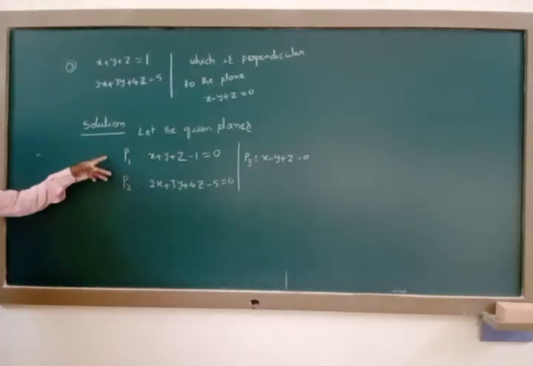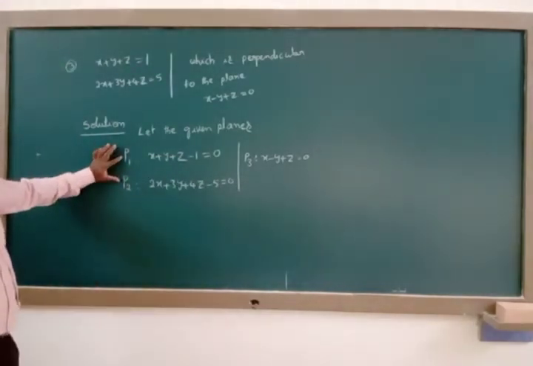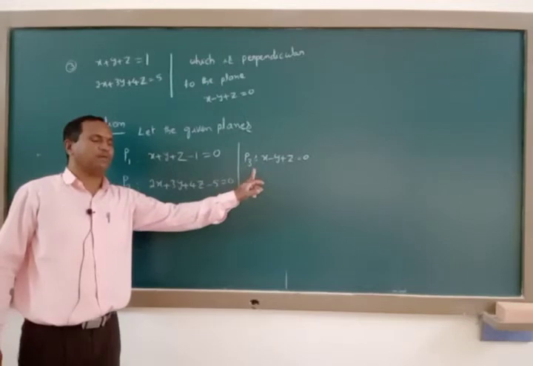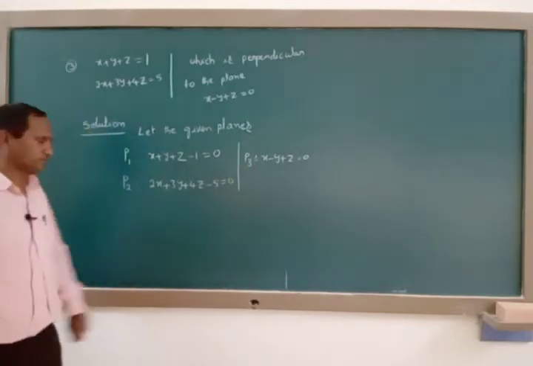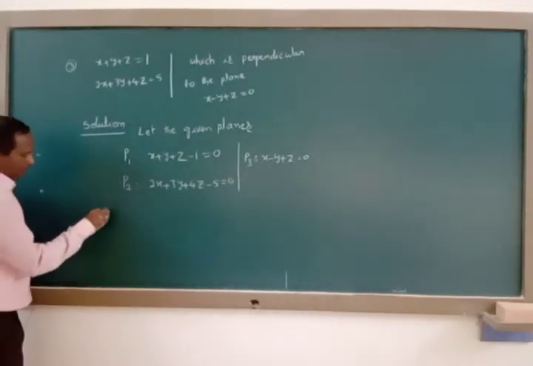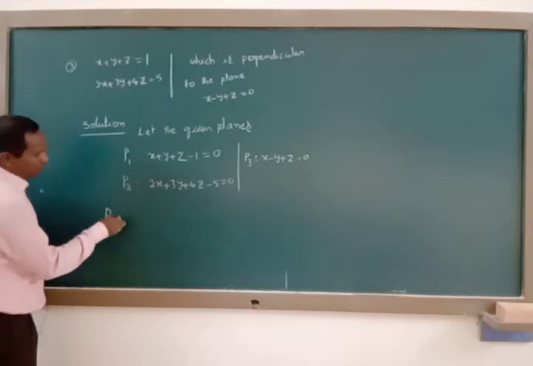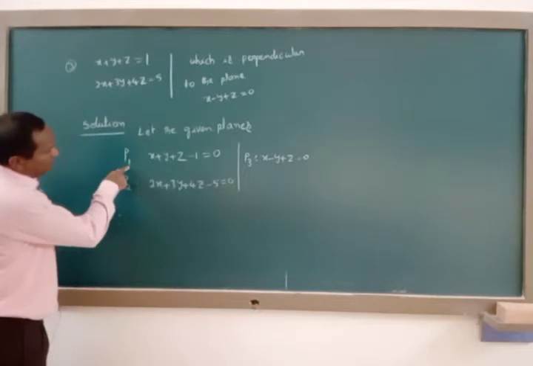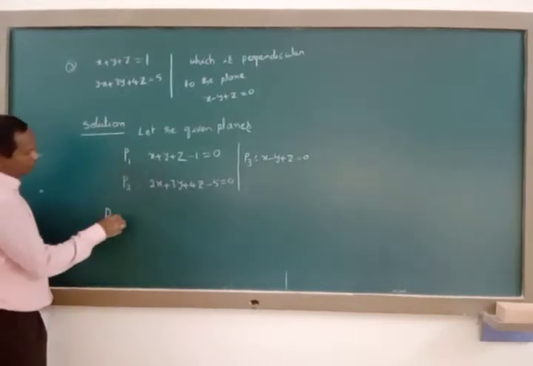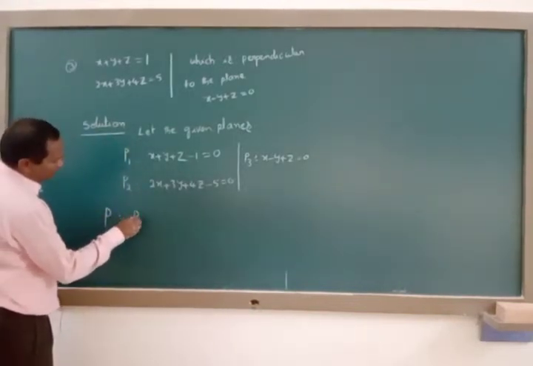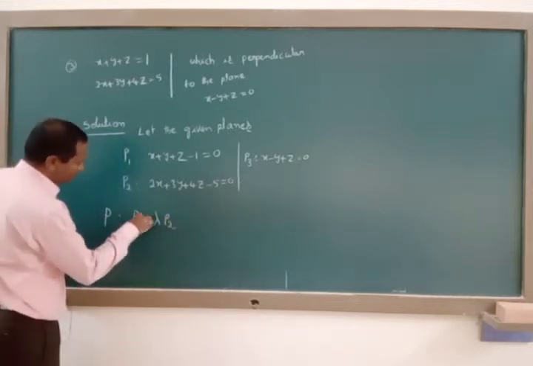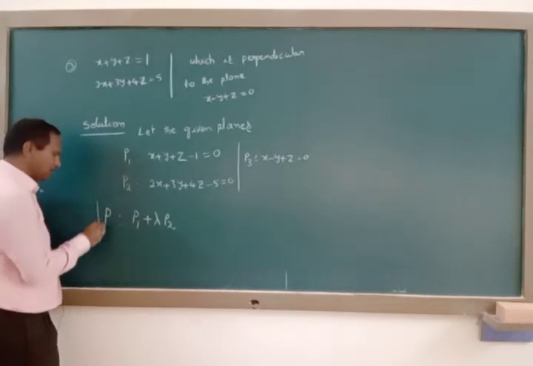Here a plane is passing through the point of intersection of these two planes. That new plane is perpendicular to one more plane, the last, third plane P3. The equation of any plane passing through the point of intersection of two planes, say P1 is equal to 0 and P2 is equal to 0, is given by P1 plus lambda into P2, where lambda is a real constant.